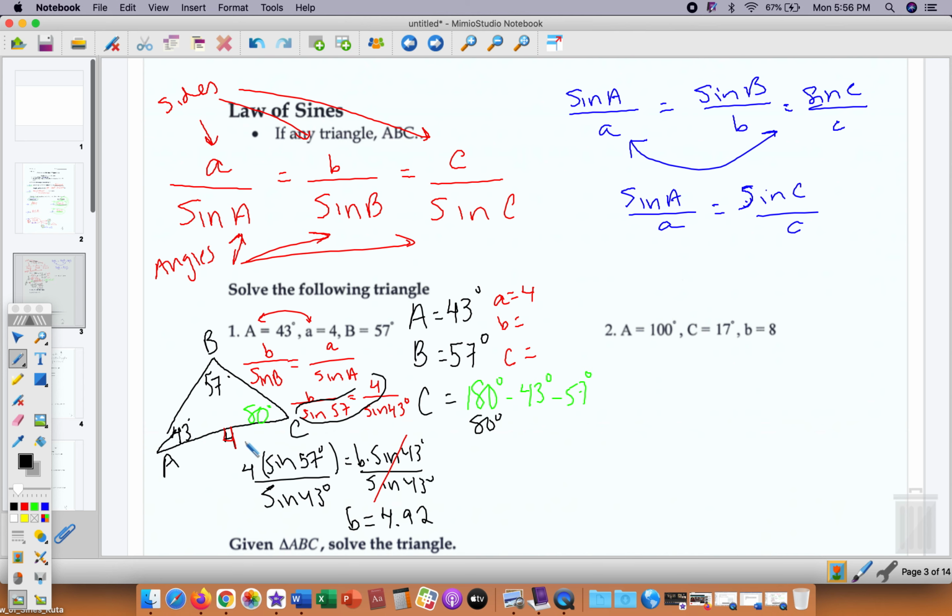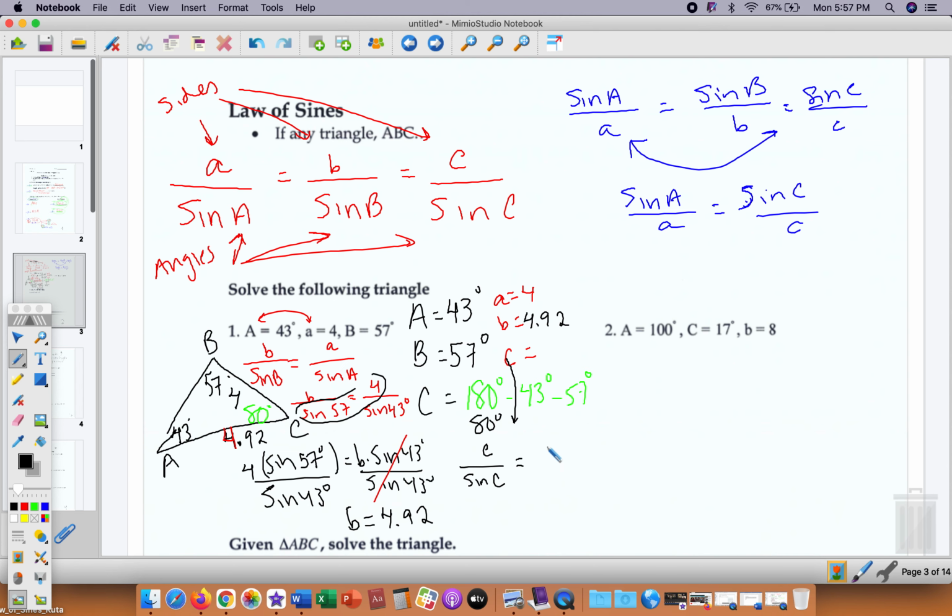So little b is 4.92, and little a is 4. Now, you can't use the Pythagorean theorem to find c. These aren't right triangles, so we need to set up those fractions again. If I want c, I need c over sine c. Since we have angle A inside A and angle B inside B, we can use that.